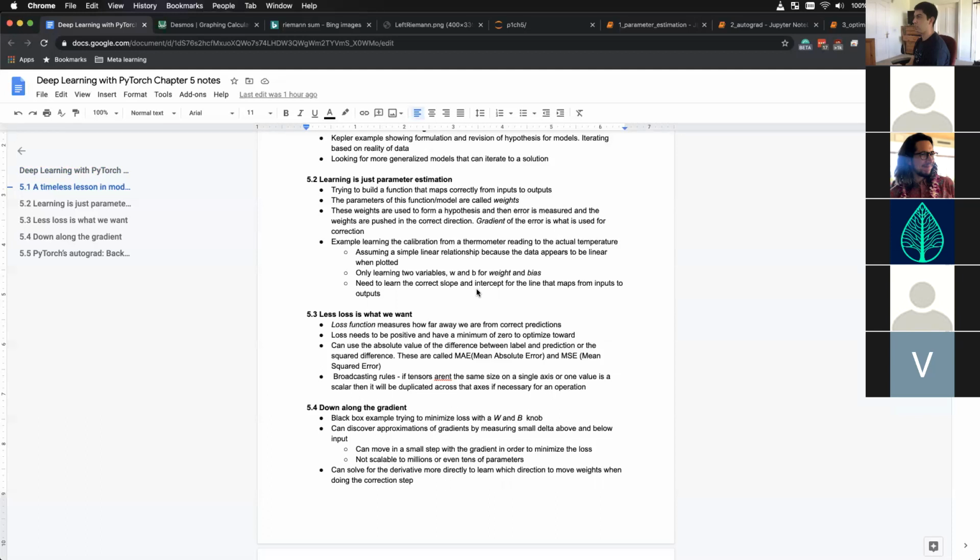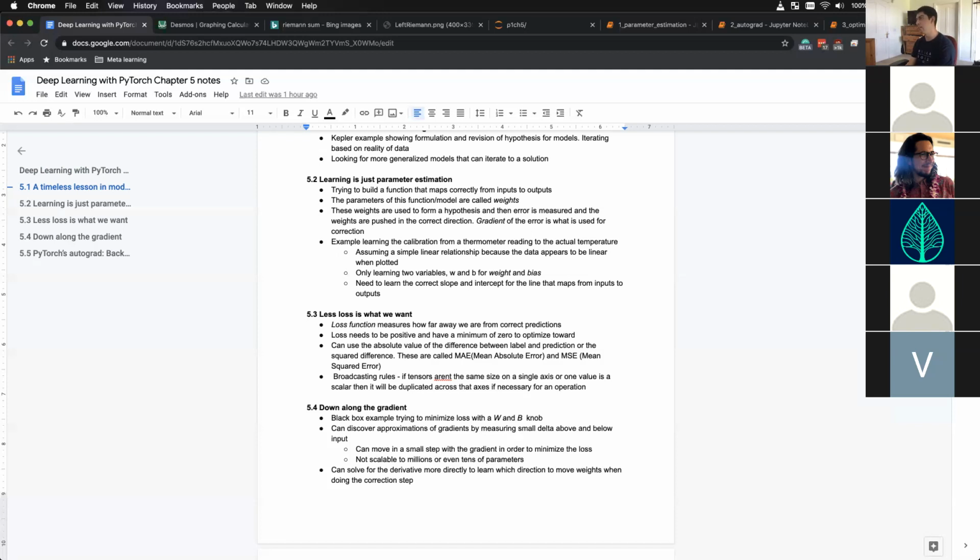The way that whole process works is the weights or the parameters are applied to the input data, and then it makes some sort of prediction. Then we measure how close that prediction is to the reality of what the data tells us.